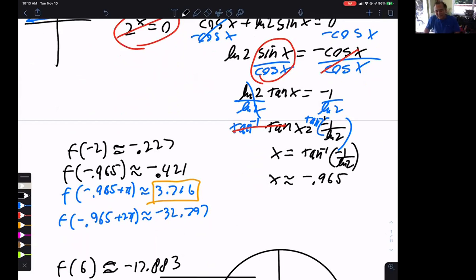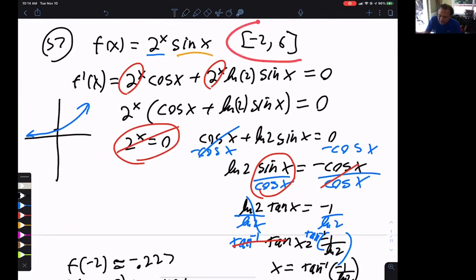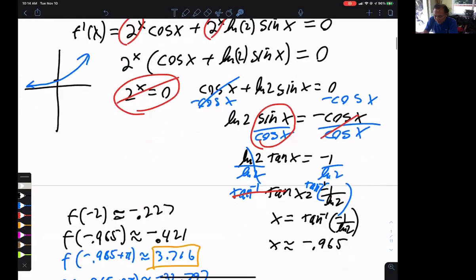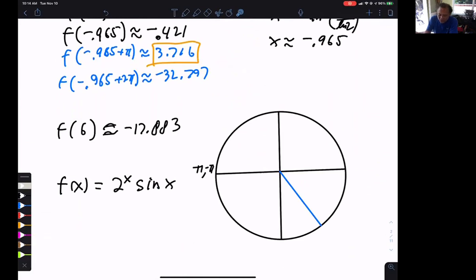Now, here are the implications. Look at our domain. Our domain is from -2 to 6. I need to find all critical points in that region. Here is where understanding the unit circle comes into play. So let's learn about the unit circle. Over here, this is pi or -pi, depending on which way you go.